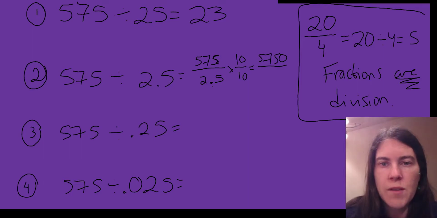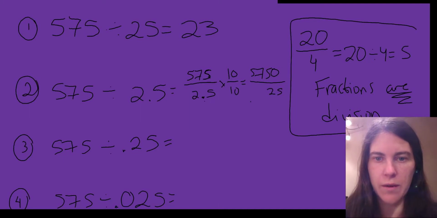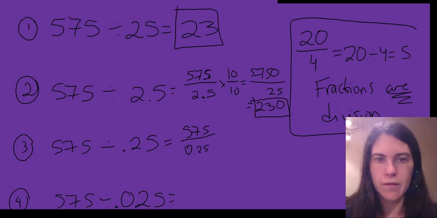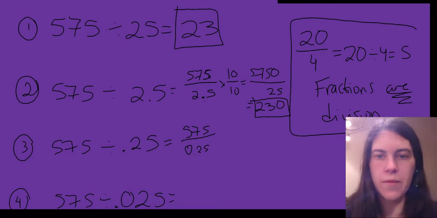That makes 5,750 divided by 25. And at that point, I can just take my calculator and do it. 5,750 divided by 25, 230. When there was no decimal, the answer was 23, but now it's 230.